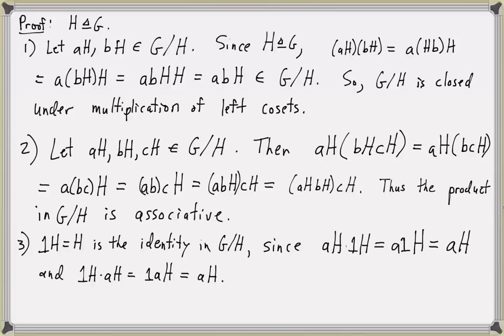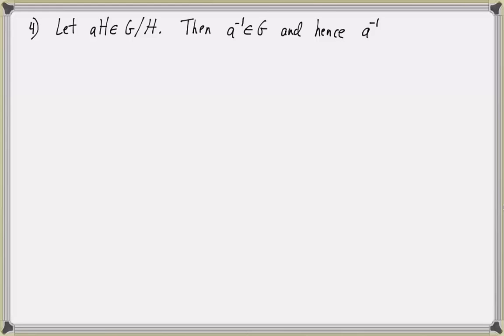And lastly, we're going to show that every element of G over H has an inverse. Now let aH be a left coset of H. Since G is a group, a inverse is an element of G, and hence a inverse H is a left coset of H. And we claim that a inverse H is the inverse of aH.